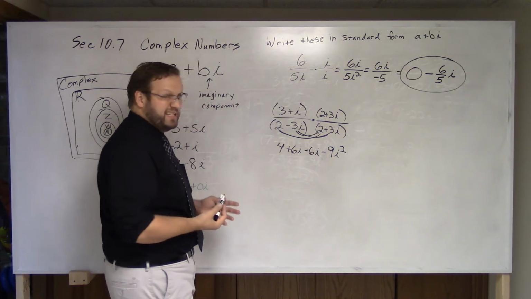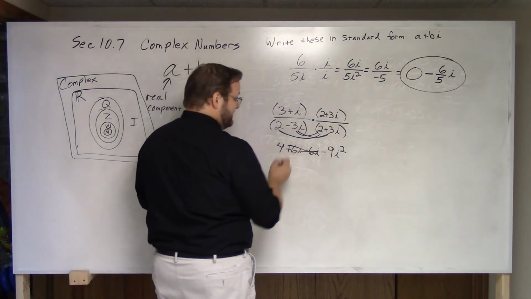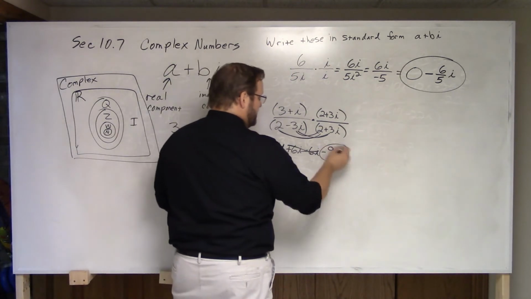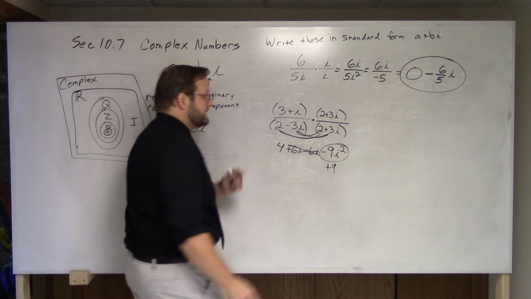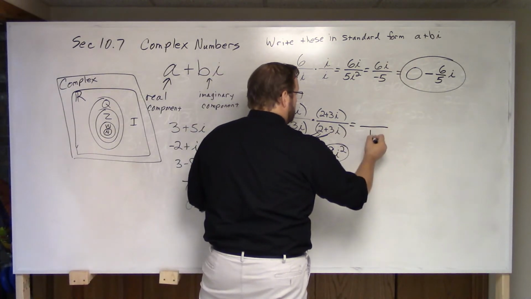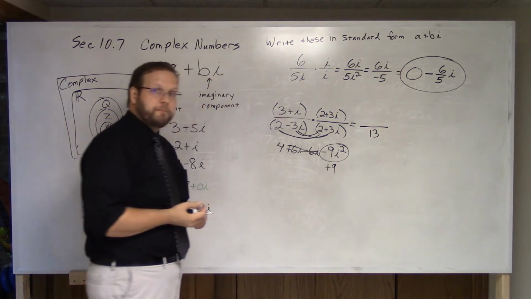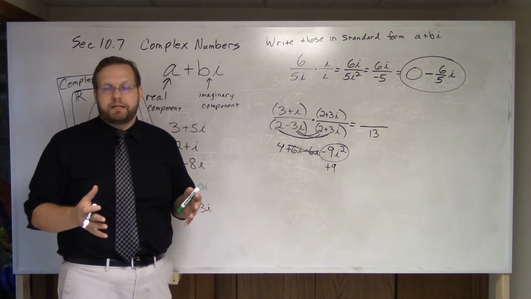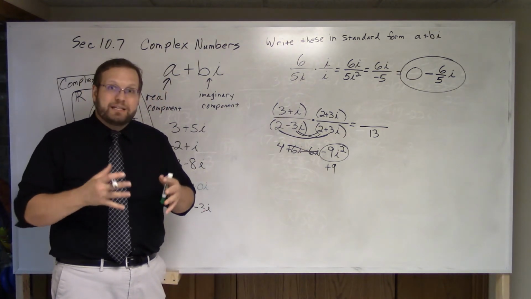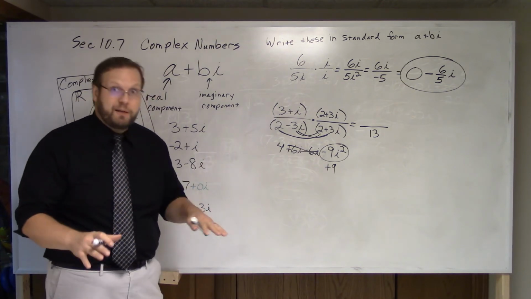Okay, now I still see a lot of i's, but these cancel. And remember, this turns into a plus 9. So 4 plus 9 is 13. The numerator is going to work out how it works out. We got to do it correctly, obviously, but it doesn't have to be anything special. Like the denominator, there better not be any i's.